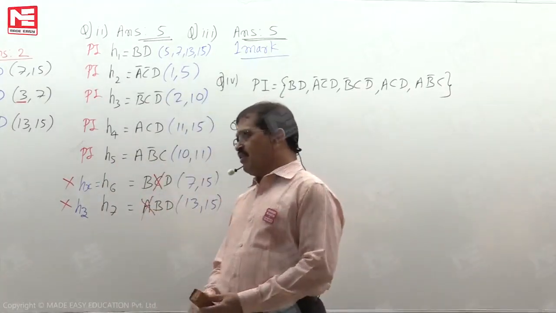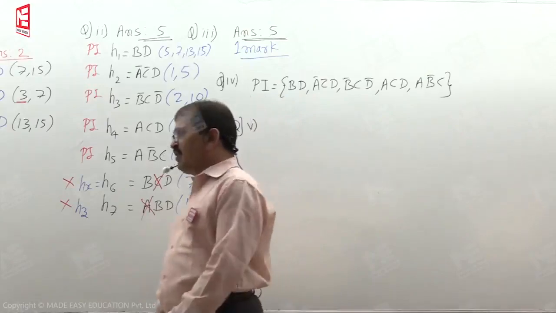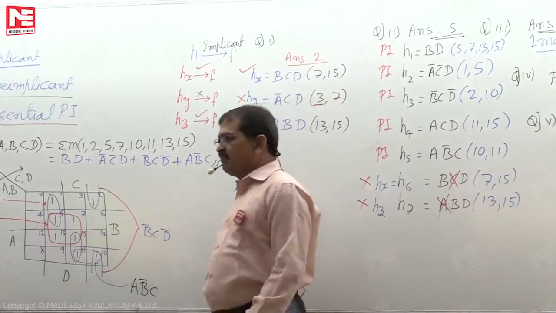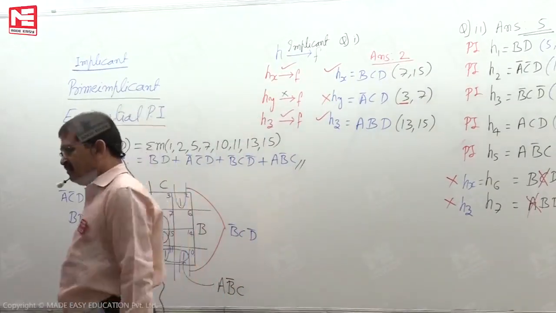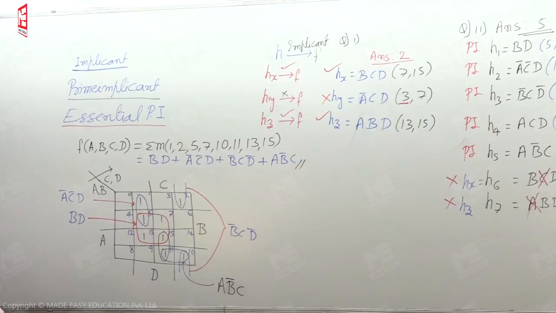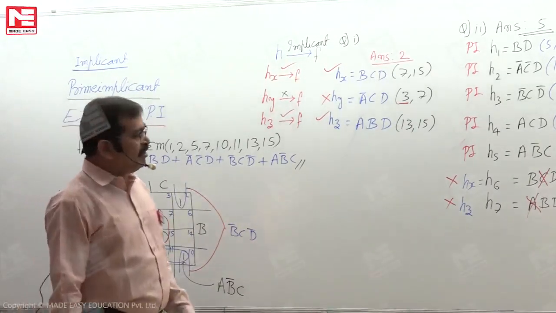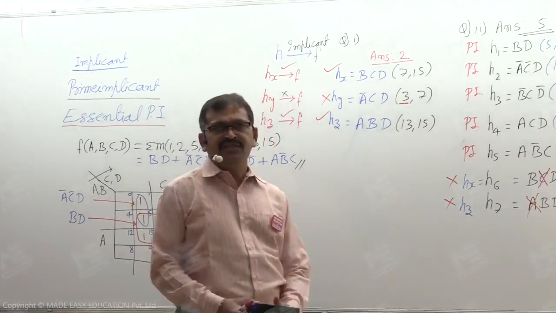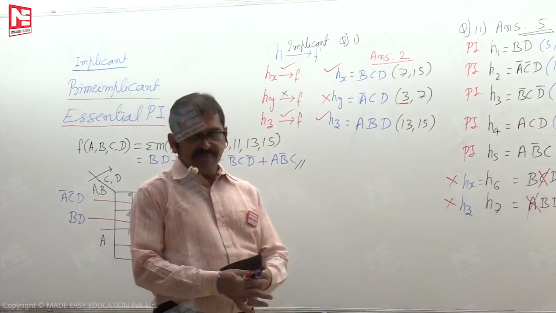For the given function f of ABCD, the same function, how many products are essential prime implicants? For the given function f of ABCD, how many products are essential prime implicants?